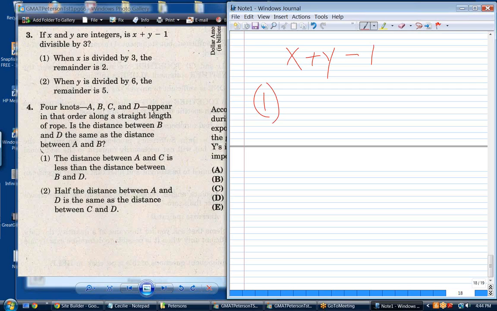It's got to be a no, right? Because x could be many numbers, but you won't know anything about y. If it doesn't address y and they're asking whether x plus y minus 1 is divisible by 3, it doesn't look like that can help.